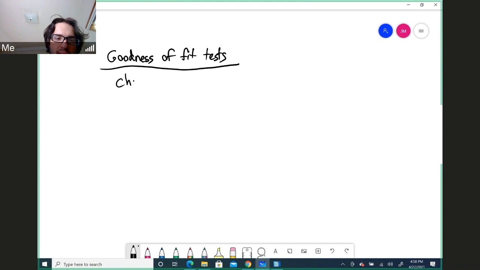One is the chi-squared goodness of fit test. And the other one is the Kolmogorov-Smirnov, I'm not pronouncing that right, the KS test. So the chi-squared goodness of fit test and the KS test.